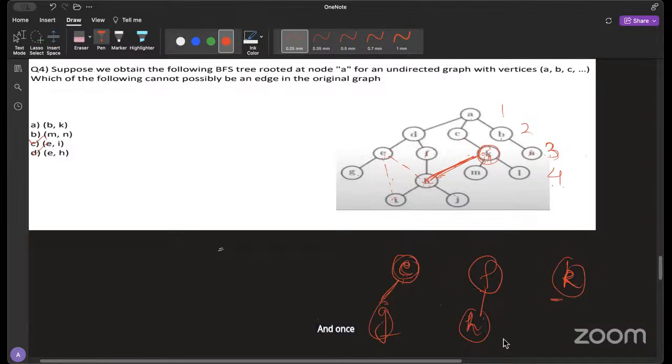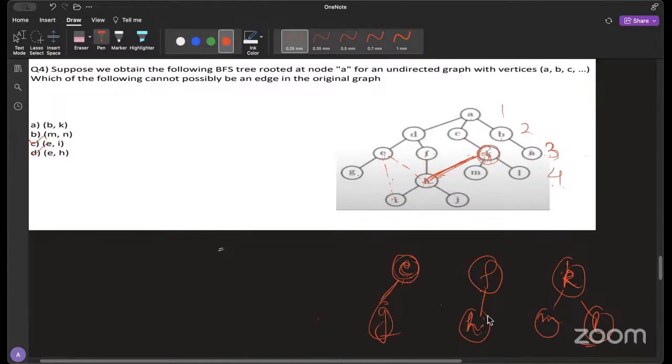And once you've written something, you don't write it again in the tree, right? Is that okay? That's why K and H can still have an edge. Because if that was an edge, then you wouldn't be mentioning H here again. You'd simply ignore H and come to other edges with K, which is M and L, right? That's why K and H can be an edge.